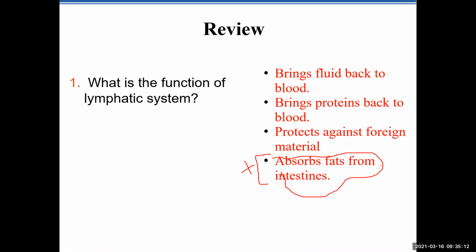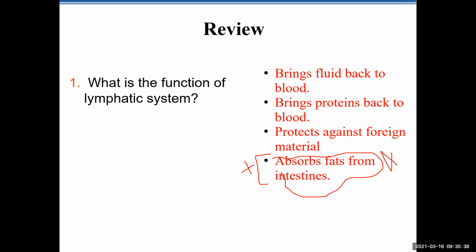So we call those specialized lymphatic vessels lacteals. You don't need to know, it's not in the book, but I'm just relating it to the biochemistry. Those specialized lymphatic vessels are called lacteals, which surround your intestines, right? Why are they called lacteals? Because they become white in color because of the absorption of the dietary lipid, the chylomicrons.